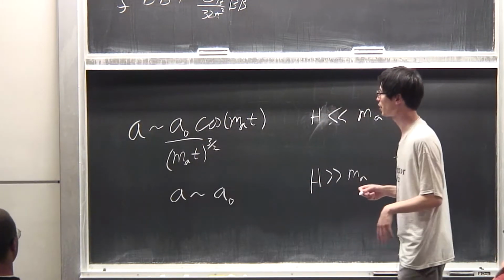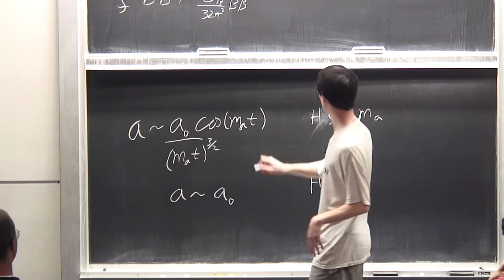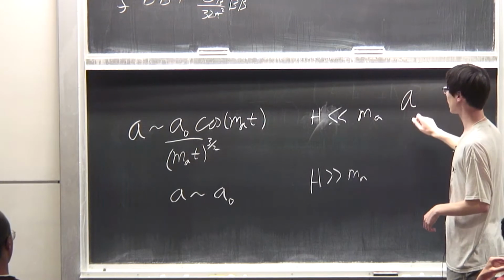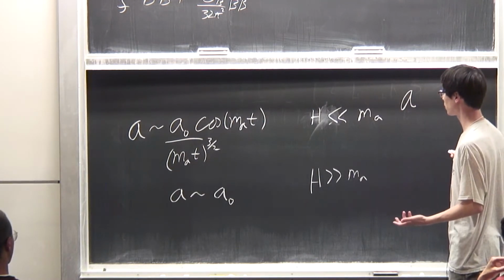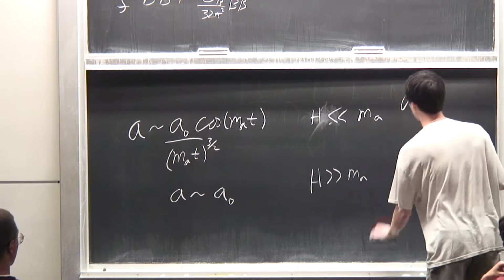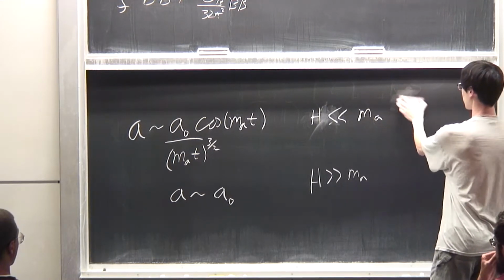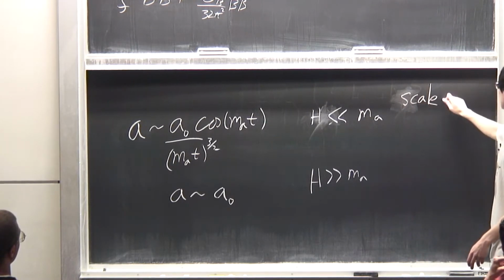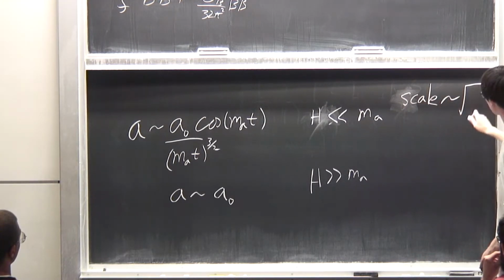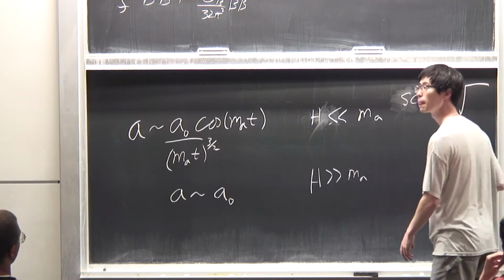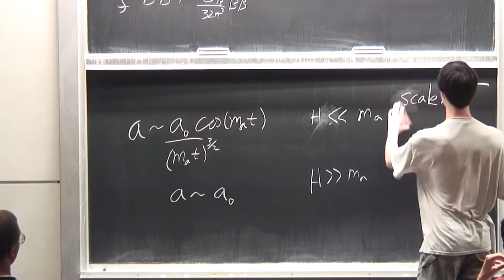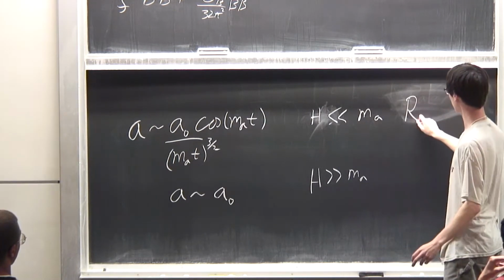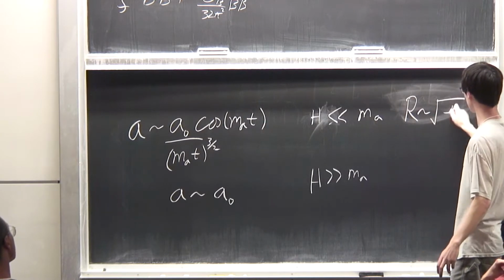which has a very nice interpretation, because if you remember what radiation domination looks like, your scale factor, which people usually also call A, let's just call it R. R scales as square root of time.